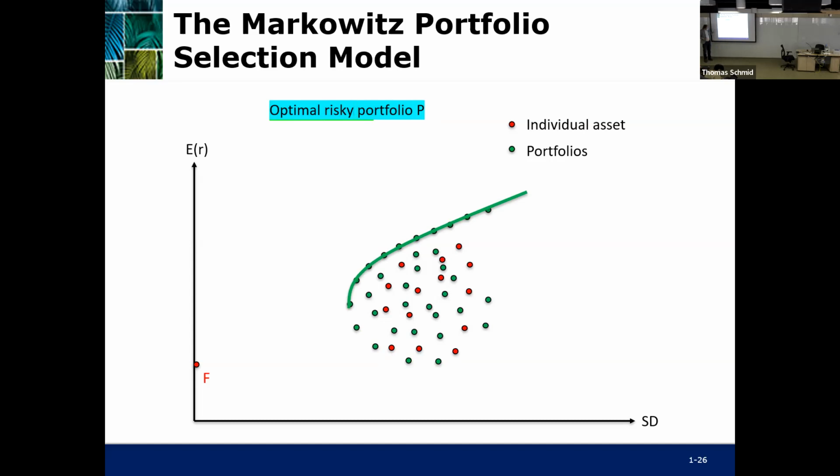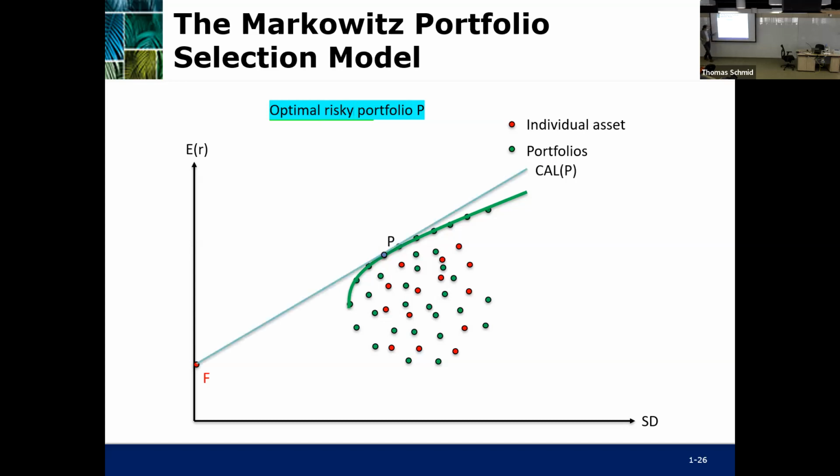And then everything is actually exactly the same as before. Because the efficient frontier has the same curve structure that we had in the two risky asset case. So people only invest along the efficient frontier because the efficient frontier dominates all other risky portfolios. So we can ignore everything else.